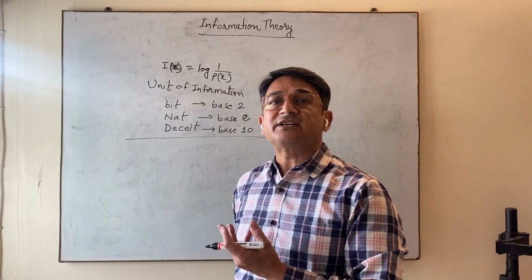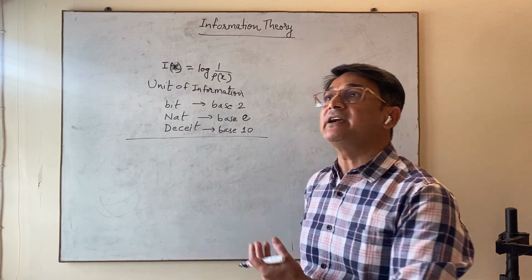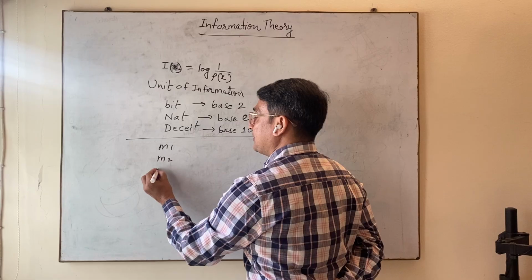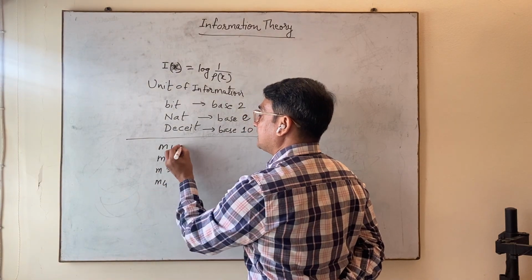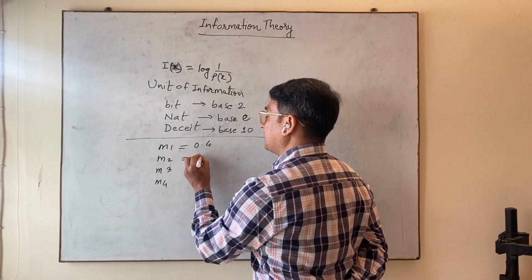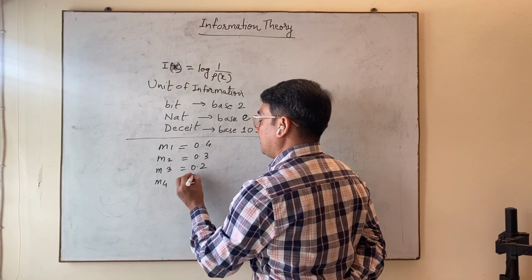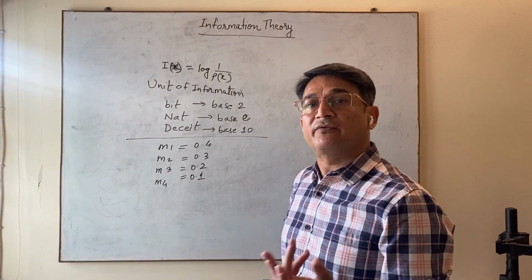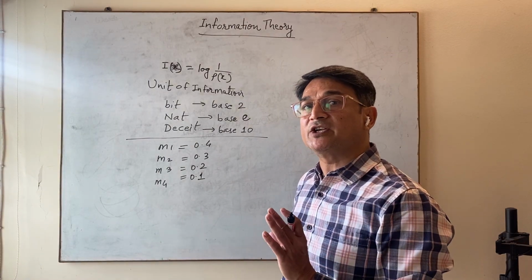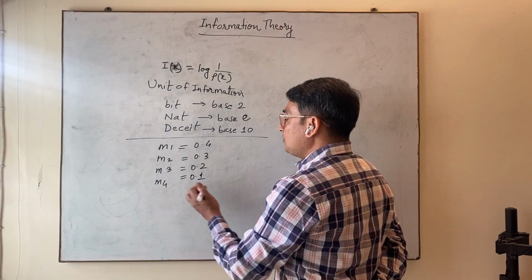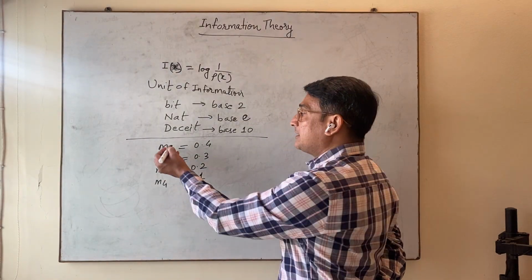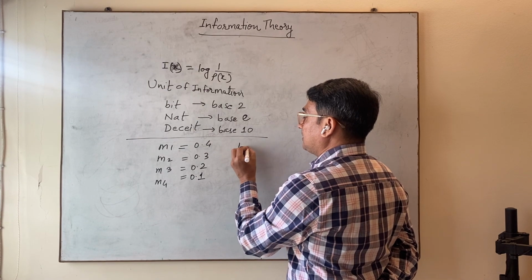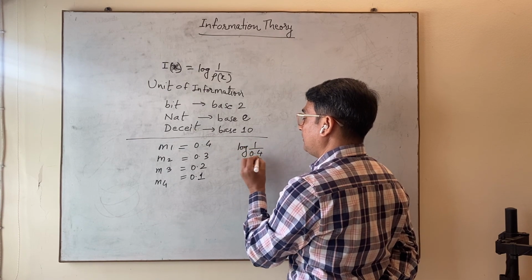So now to understand the concept mathematically, we will take an example. Let us take a source transmitting 4 messages, M1, M2, M3 and M4, with the probabilities 0.4, 0.3, 0.2 and 0.1. Remember one thing: whenever we take the probabilities of various events, the sum of the probabilities should always be 1. So the information content in the first message would be log 1 upon 0.4.